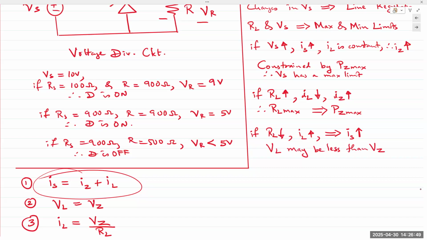There's no circuit regulation. Therefore, there is a minimum value of RL. And we'll see that in the next two design problems.